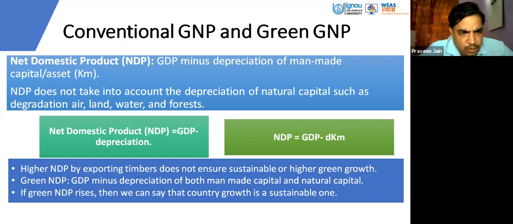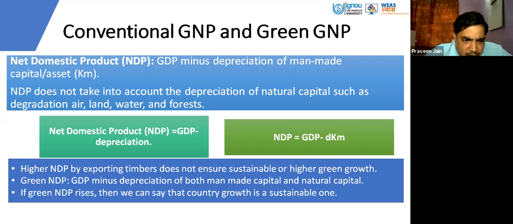This NDP does not take into account the depreciation of natural capital, such as the degradation of air, land, water, and forest. So, in our conventional methods, net domestic product equals GDP minus depreciation. Symbolically, NDP is equal to GDP minus DKM, the depreciation of man-made capital.